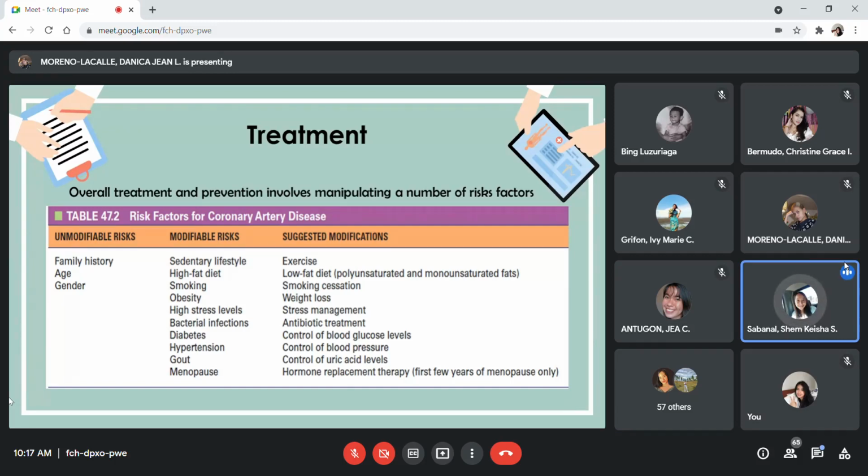If we have bacterial infection, we can go to our doctor to have antibiotic treatment. We also need to control our blood glucose, our blood pressure, and our uric acid levels. And of course, in women, we can do hormone replacement therapy for the first few years of menopause. So later on, I will discuss the gender variations, and we will know why hormone replacement therapy is included in this table. Okay, so next slide, please.